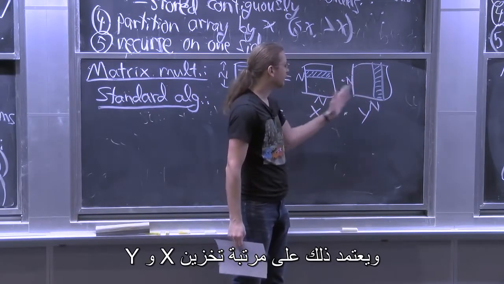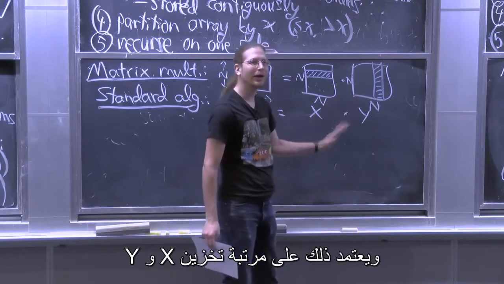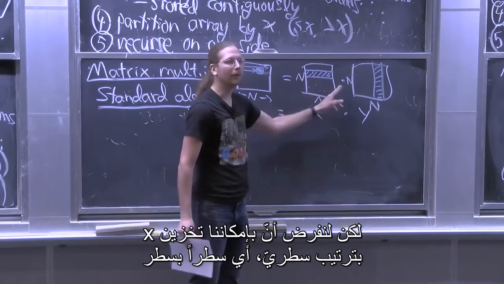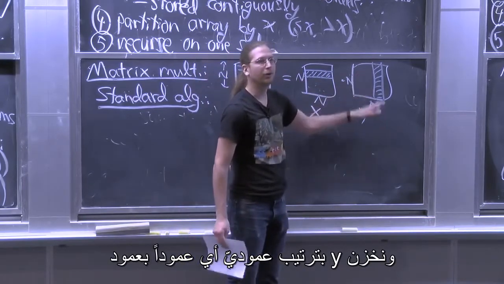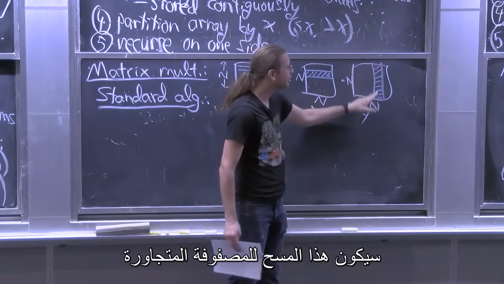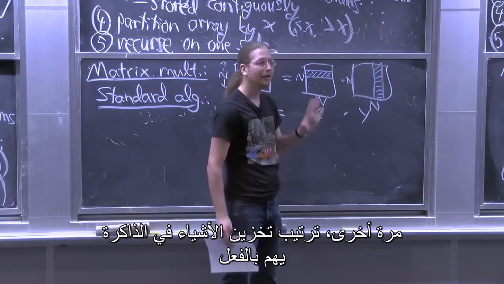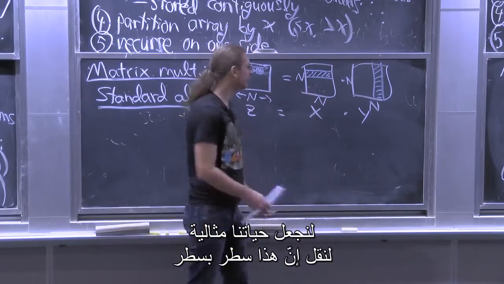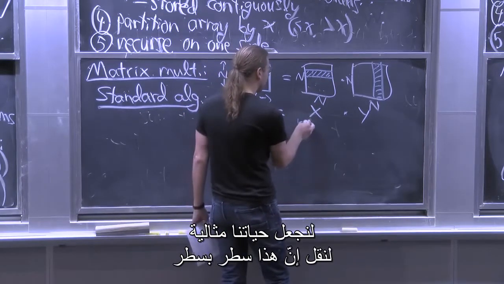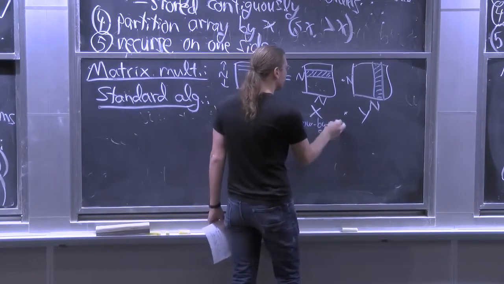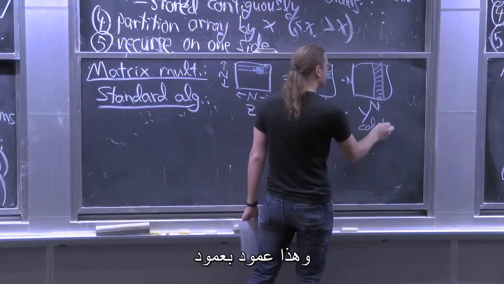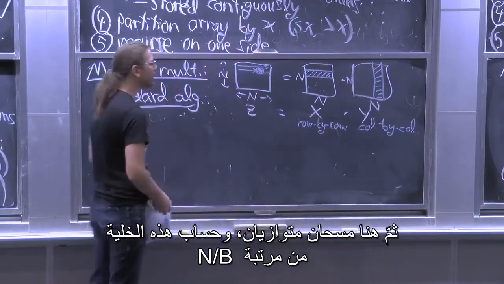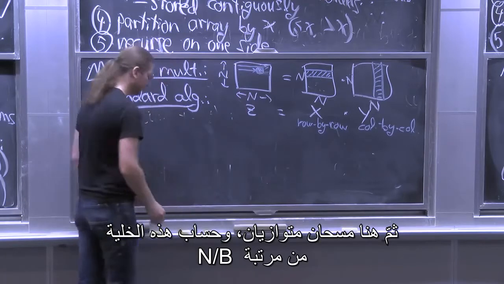Now, it depends on the order in which you store X and Y, but let's suppose we store X in row major order, meaning row by row, and we store Y in column major order, meaning column by column. Then this will be an honest-to-goodness scan of a contiguous array. Again, the order we store things in memory really matters. So let's make our life ideal. Let's say that this is row by row, and this one is column by column. Then hey, this is 2 parallel scans, so order n over b to compute this cell.